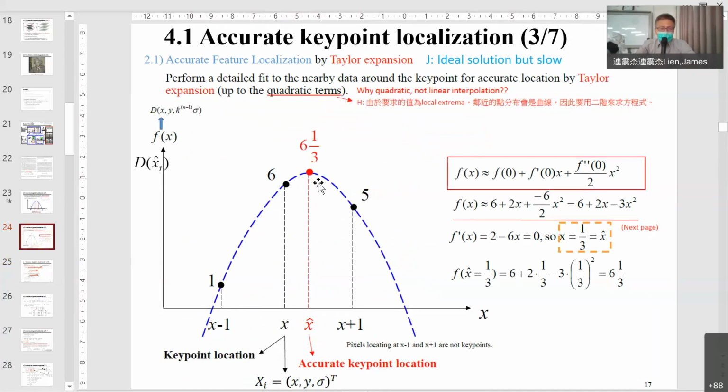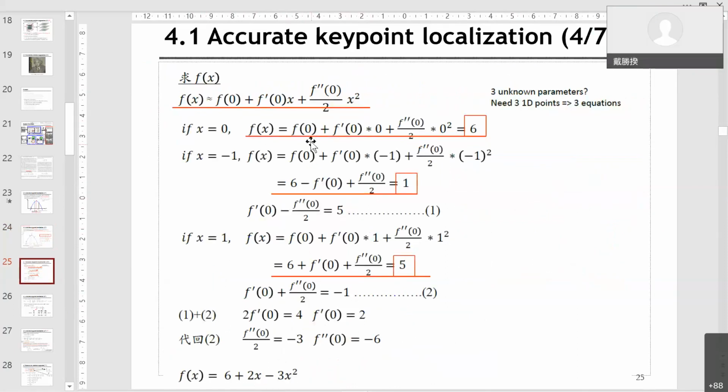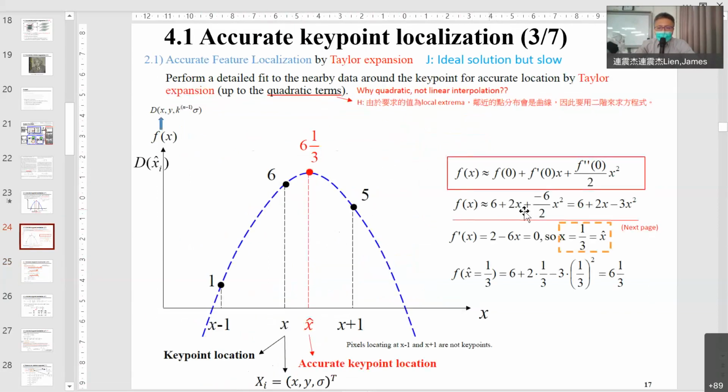Based on these three points and their values, we solve the three unknown parameters. Plug them into the equation and solve, and you get this expression, so this is the curve.